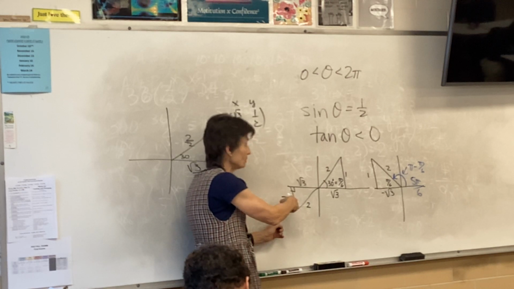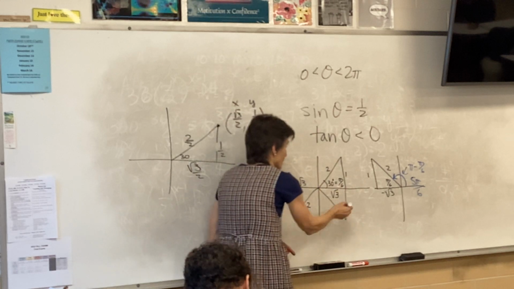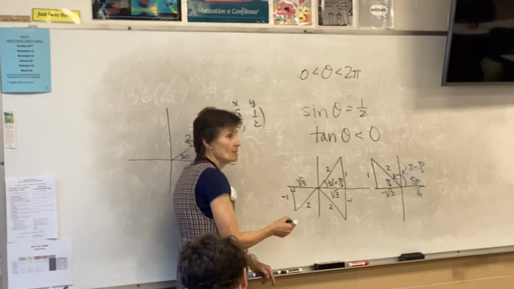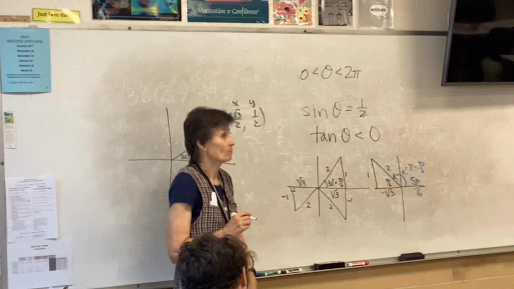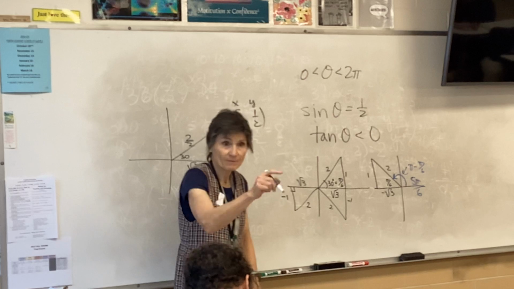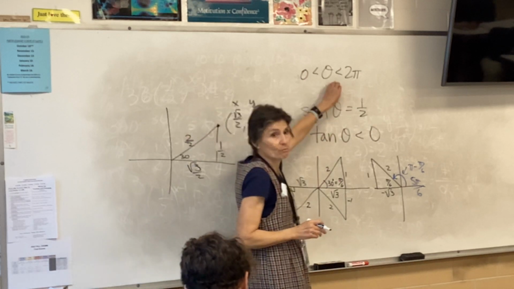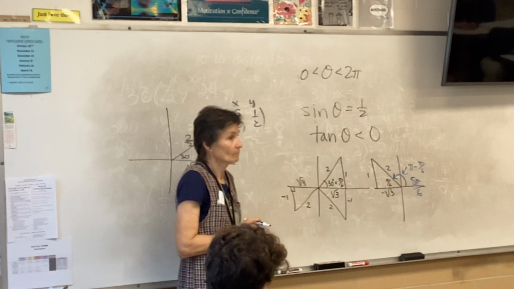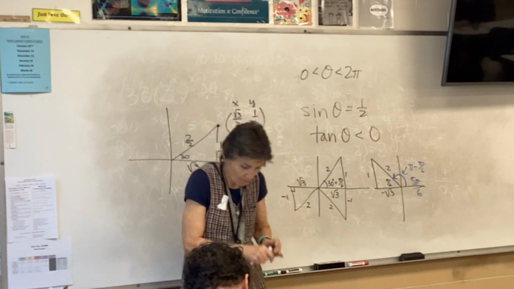That triangle won't work. How about in quadrant 4? Nope, that won't work either. So guess what? The only answer to the problem is 5 pi over 6. 150 in degrees, but 5 pi over 6 in radians. They asked for it in radians. Okay? It's like a big puzzle. There's so much to think about.